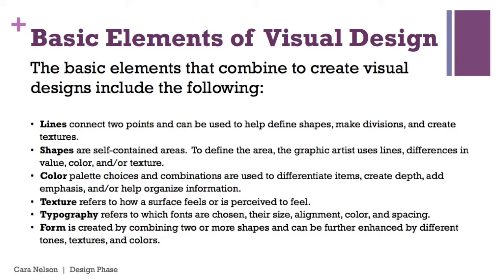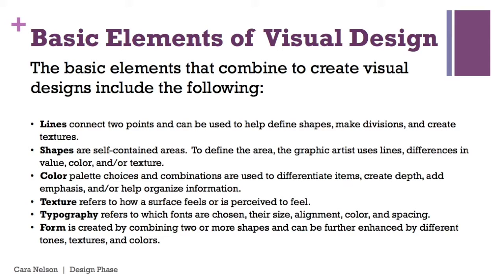All of these are the types of elements that give visual appeal to your site without taking away from the content. Your lines help separate or connect various areas by dividing it up and creating maybe textures or groupings.